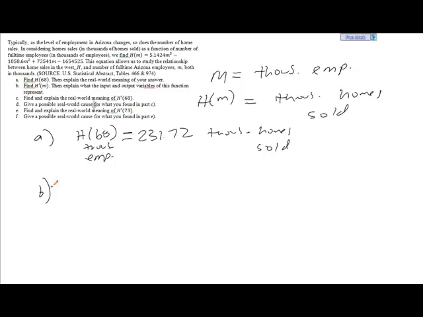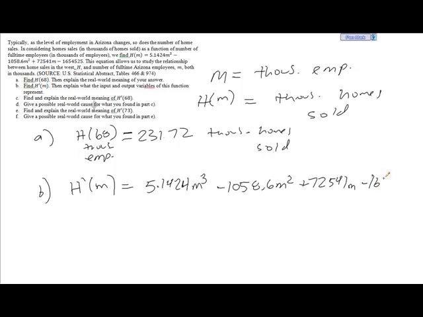Now we want to find the derivative of this function, so h prime of m. So I'm going to write this out: 5.1424 m to the third minus 1058.6 m squared plus 72541 m minus 1654525.